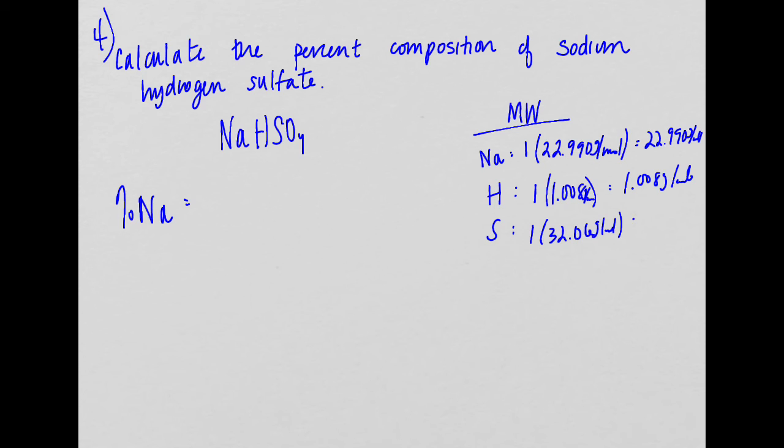We don't have to rewrite this every time, but I'm doing it because I have a little bit of a problem with needing to do that. And then we have oxygens. We have 4 oxygen, which is 15.999 grams per mole, which is 63.996 grams per mole.